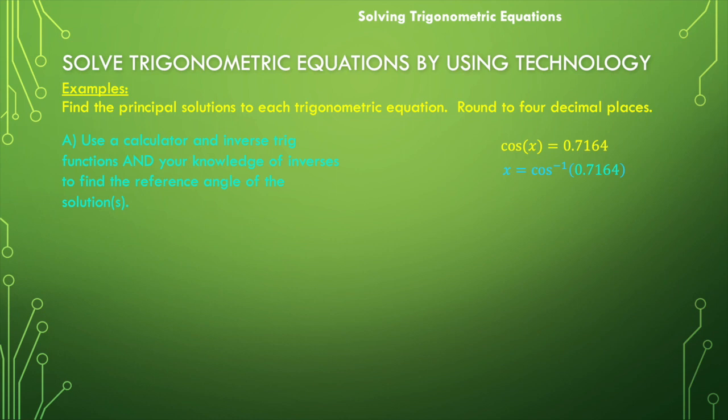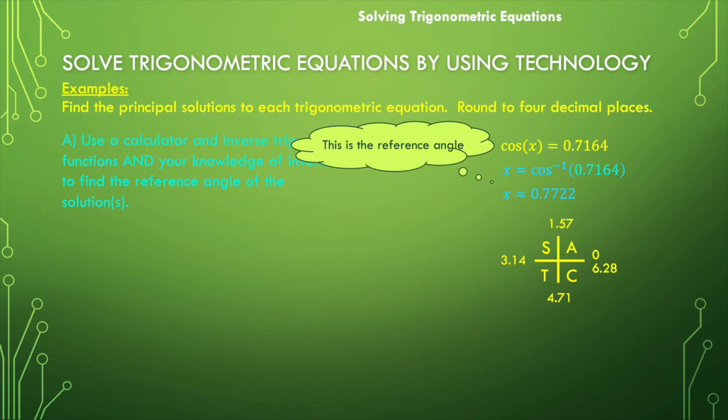Great. Use your calculator and crunch that, and we would get x is approximately 0.7722. That is the reference angle. It's positive and it's acute. If you get something out of your calculator that is between 0 and 1.57, that is definitely the reference angle. So that's awesome.